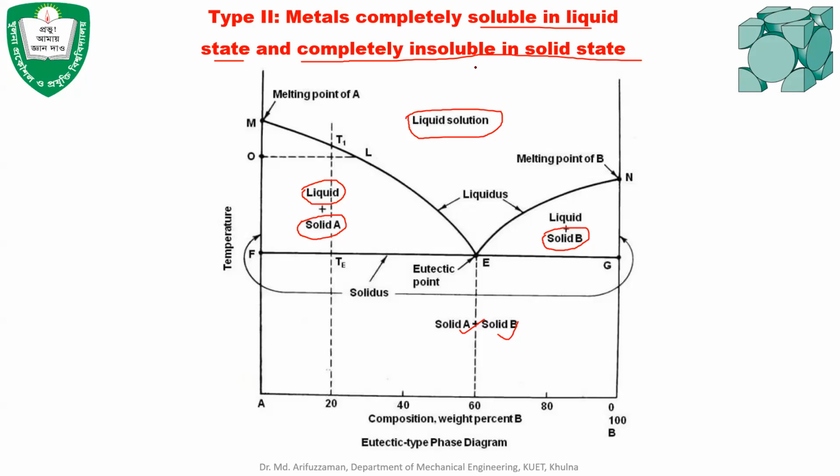Solid can only contain either A or B, depending on whichever the concentration is higher. Let's say if the concentration of A is higher from this point to that, then only solid A will be produced in this region when the temperature decreases from that point. And in the liquid, there will be A and B, a mixture of A and B. Okay.